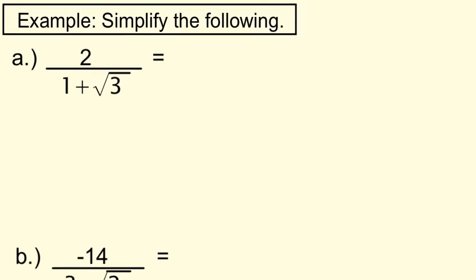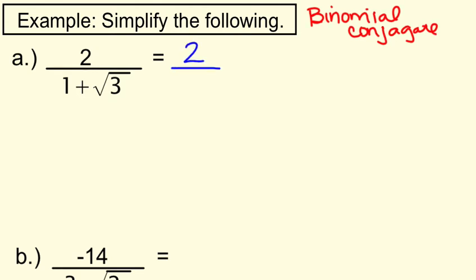Alright, now we're going into binomial denominators where you have two terms. The rule for this is you have to multiply by the conjugate of the denominator. So I'm going to just rewrite this problem one more time. 2 over 1 plus the square root of 3. Now I'm going to take this denominator and multiply by its conjugate.